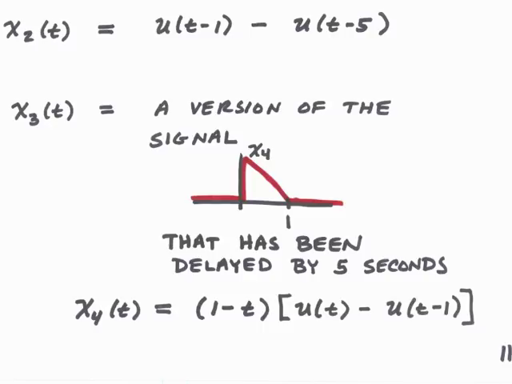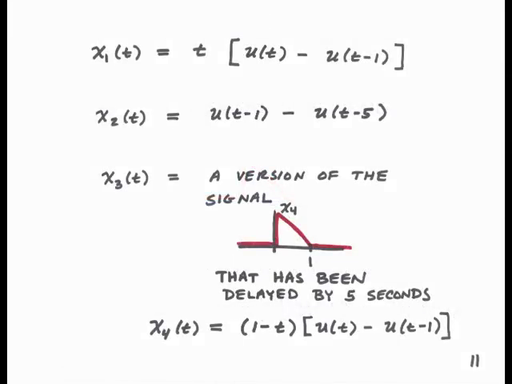x4 will be 1 minus t times the pulse, u of t minus u of t minus 1. As we saw before, the pulse takes the signal outside of the range 0, 1 and makes it 0. So between 0 and 1 it has a value of 1 minus t, and outside that range it has a value of 0.